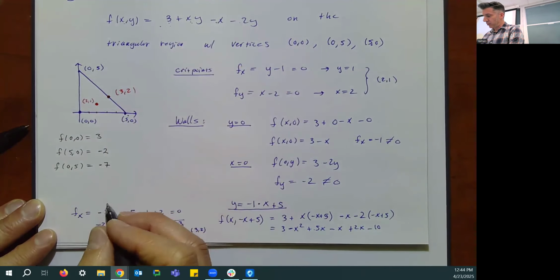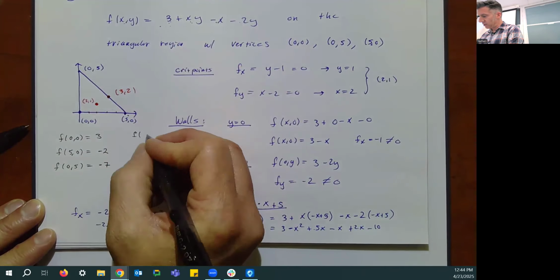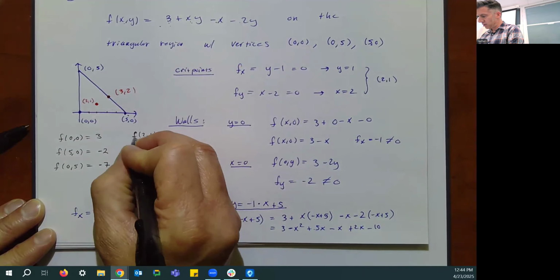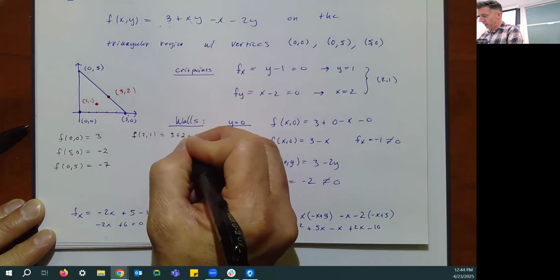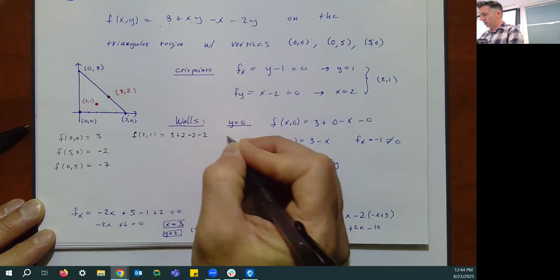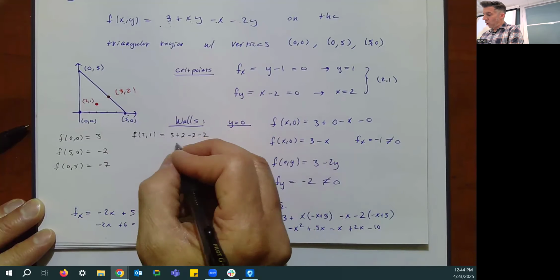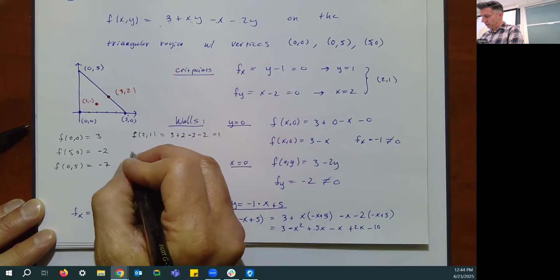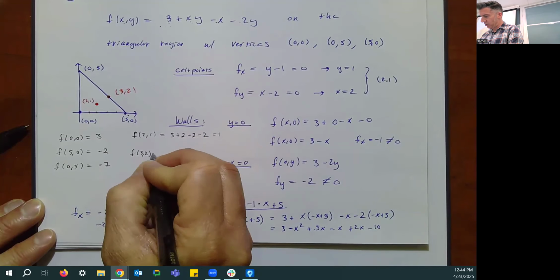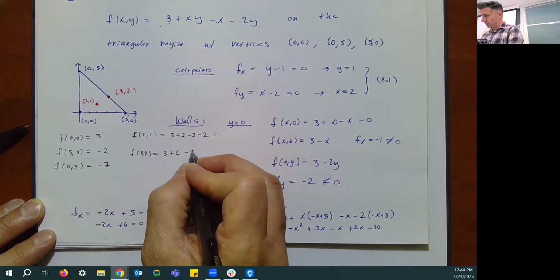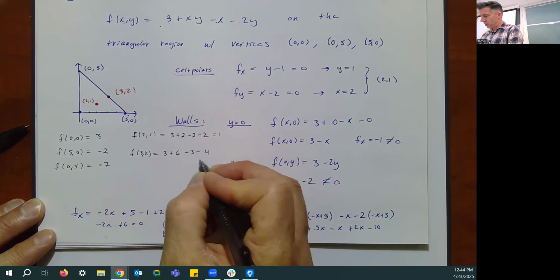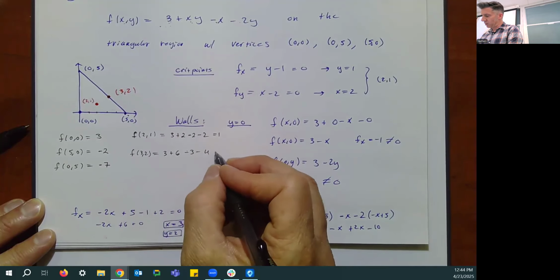And then my critical points: F of 2 comma 1 is going to be 3 plus 2 times 1 minus 2 minus 2 times 1, which is 1. And finally, F of 3 comma 2 is going to be 3 plus 3 times 2 minus 3 minus 2 times 2, and that's going to be 9 minus 7, which is 2.